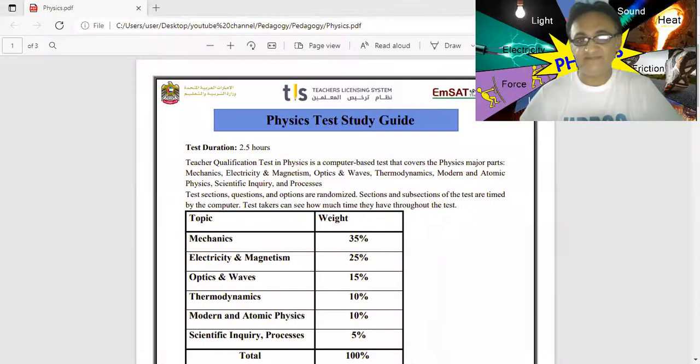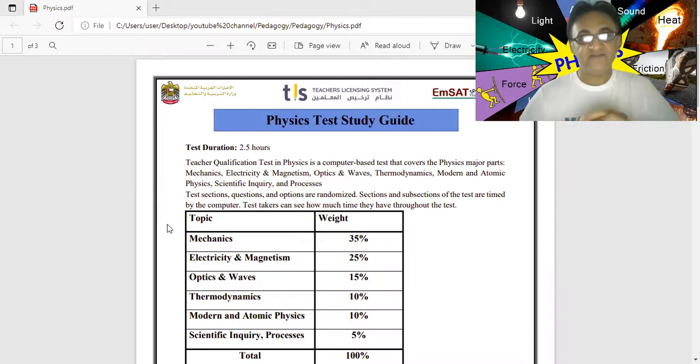As you can see on the screen, this is the physics test study guide. In my previous video, I shared the time that will be allocated to you. It's 2.5 hours, and it will be a computer-based test.